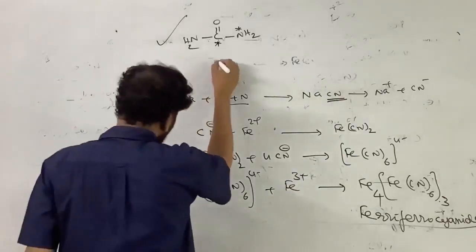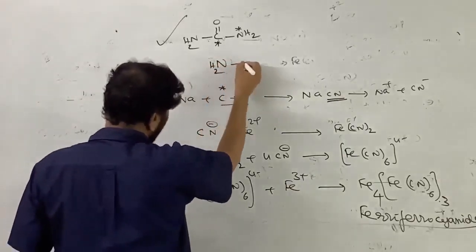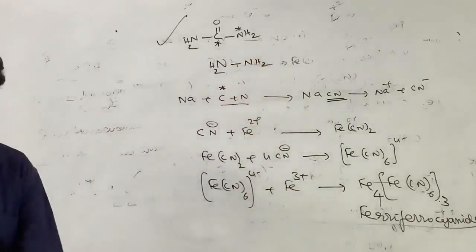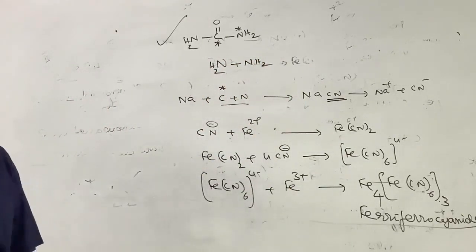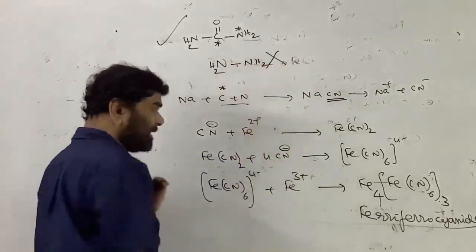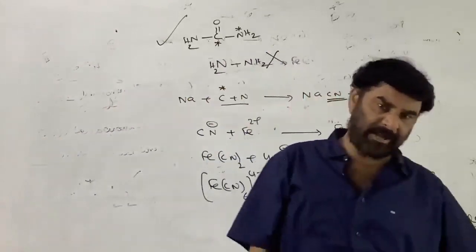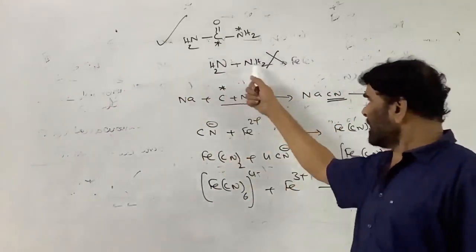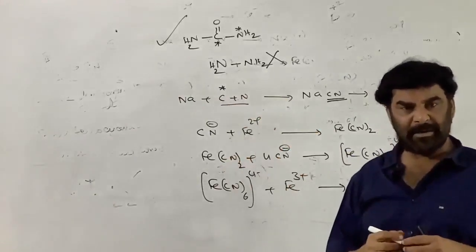If you take hydrazine, the well-known example, hydrazine is a nitrogen containing compound. But this cannot give Lassaigne's test for nitrogen. Why? It has nitrogen but there is no carbon.